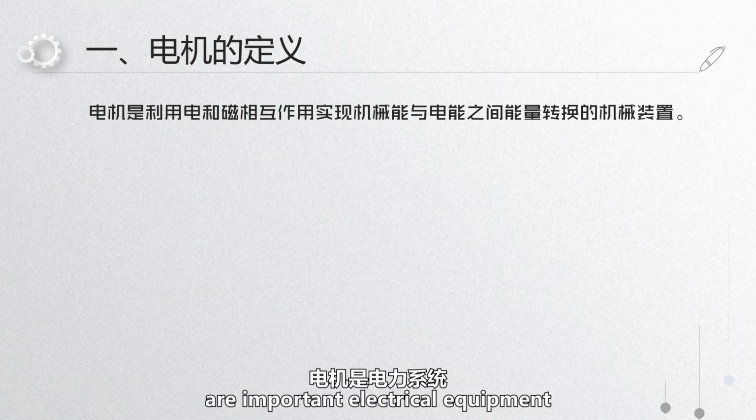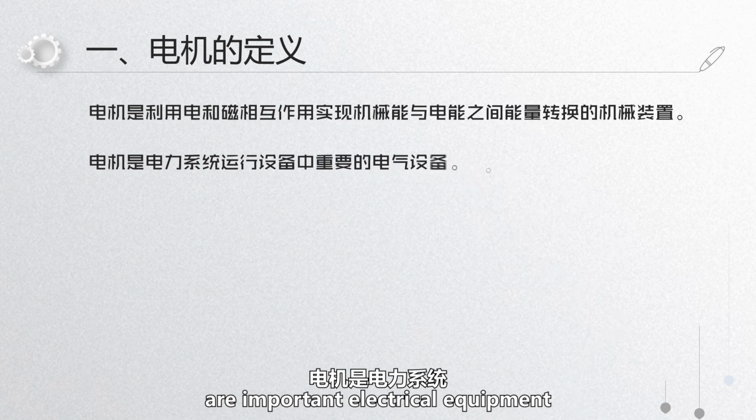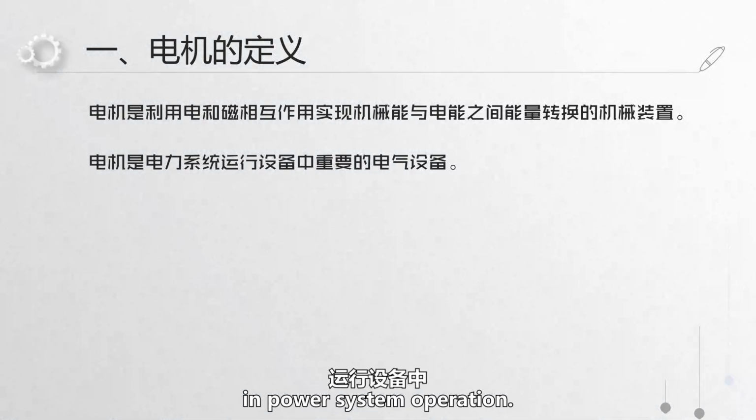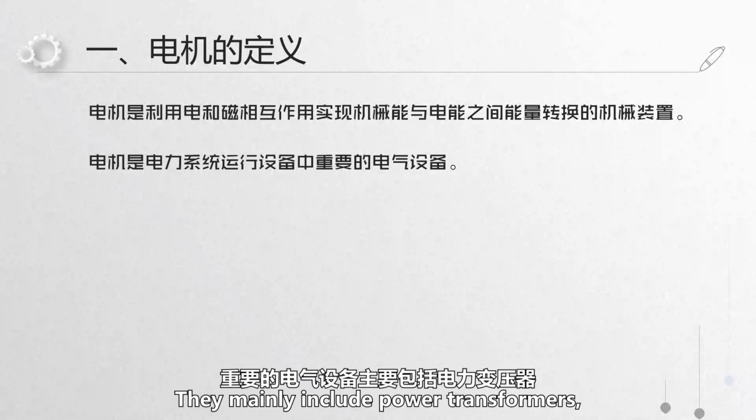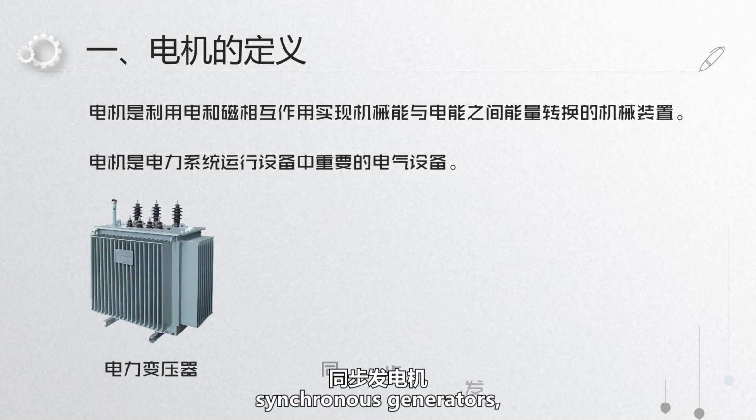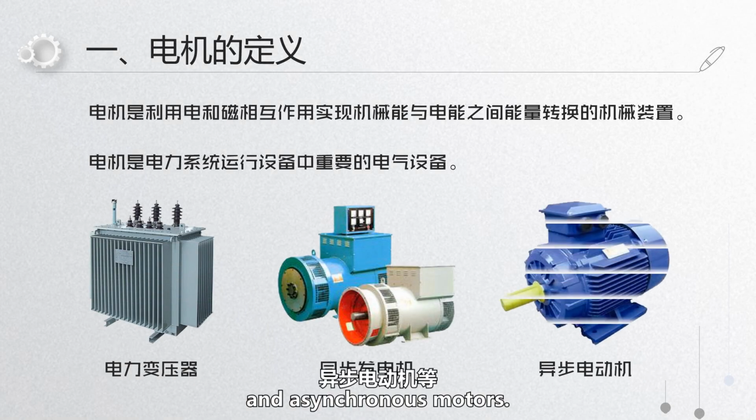Electric machines are important electrical equipment in power system operation. They mainly include power transformers, synchronous generators, and asynchronous motors.